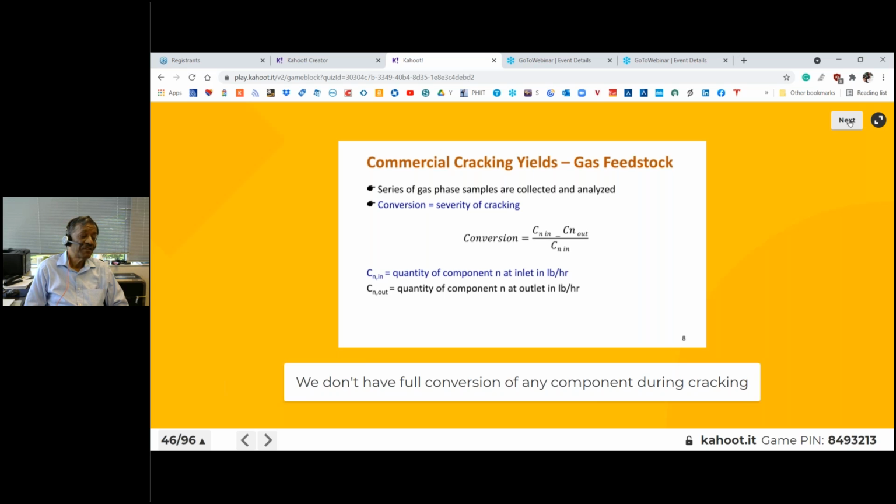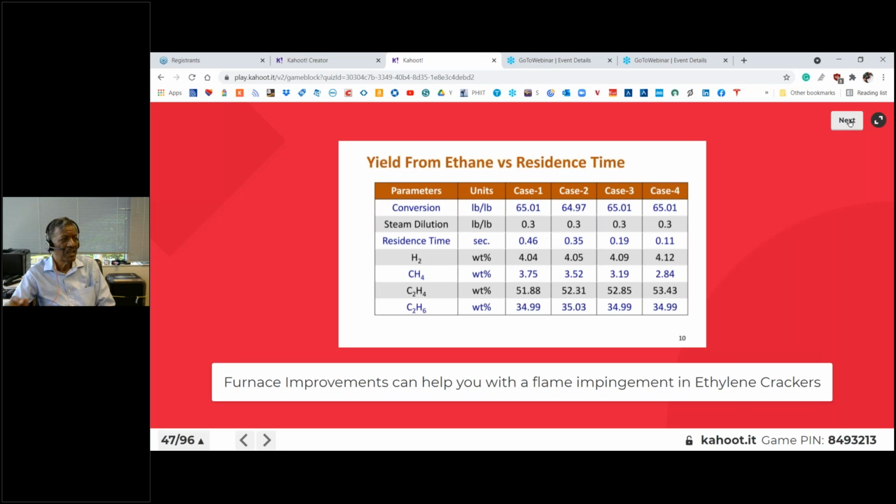It is very difficult to get full conversion of any component during cracking. If you look at ethane, typically you will get around 65% conversion on a mass basis.